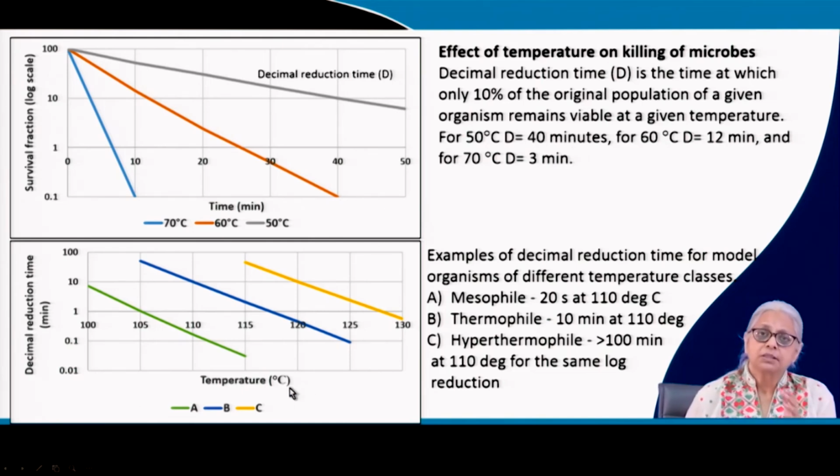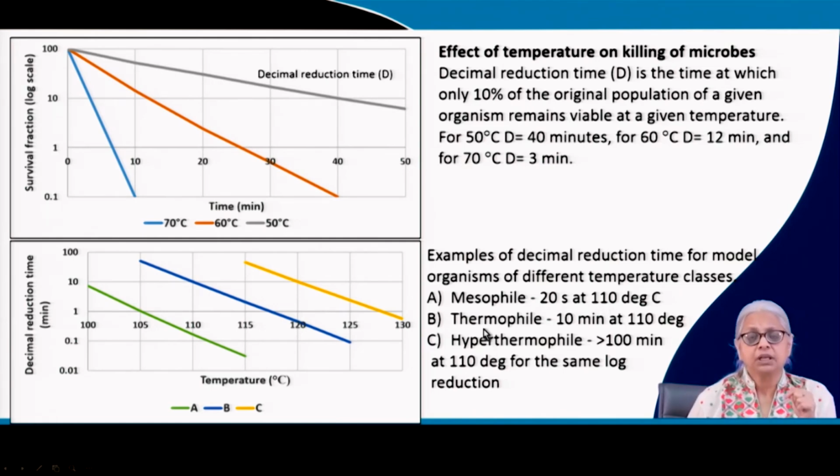Now, do all species react to the same disinfectant at the same temperature in the same way? The answer is no. Different species will react in a very different way. So a mesophilic species, the green line is a mesophile. You get 1 log reduction in 20 seconds at 110 degrees centigrade. It's a mesophilic bacteria. It has no ability to withstand high temperature like 110 degrees centigrade.